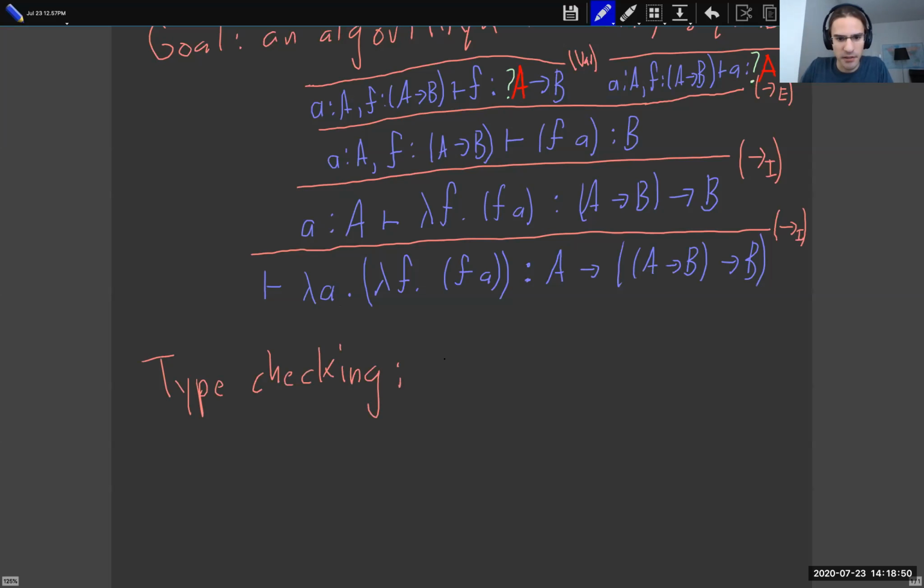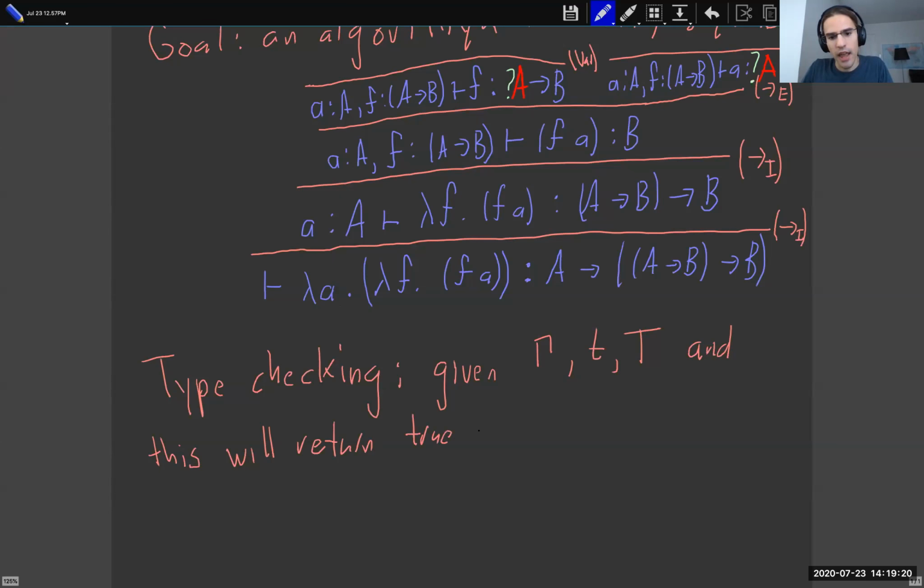So you are given gamma, the term, and the type, and this should succeed, and this will return true if the program can construct a valid proof tree. And otherwise it'll throw an error or fail.